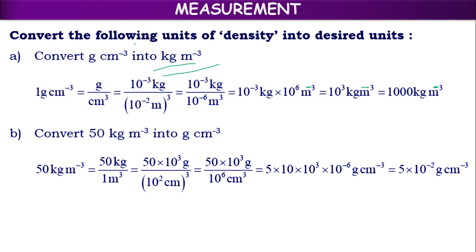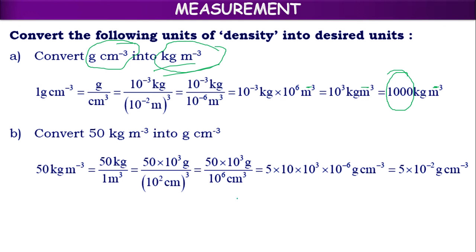So 1 gram per centimeter cube equal to 1000 kg per meter cube. We have to remember this value, children. If you remember this value, you can solve any problem directly without all these calculations.